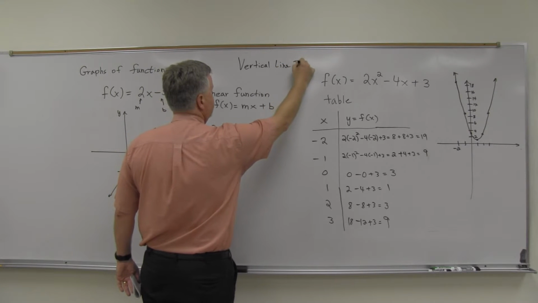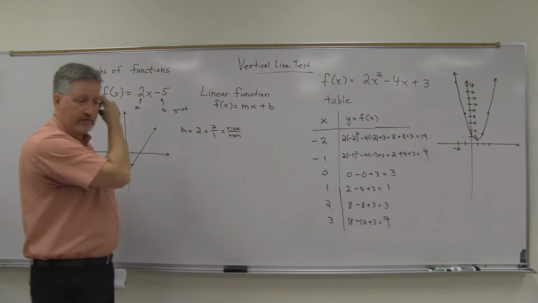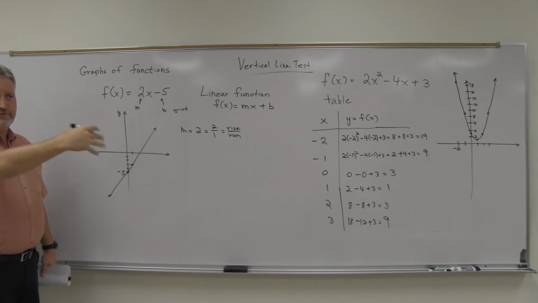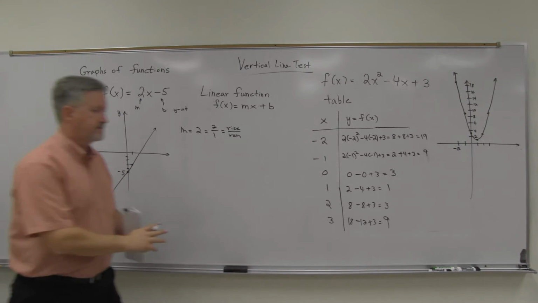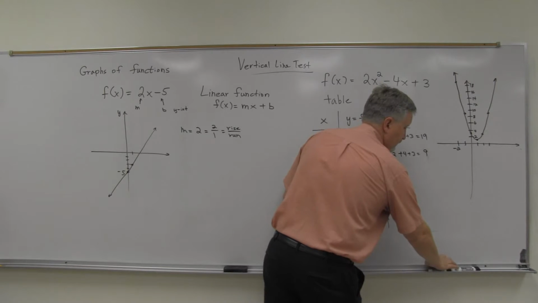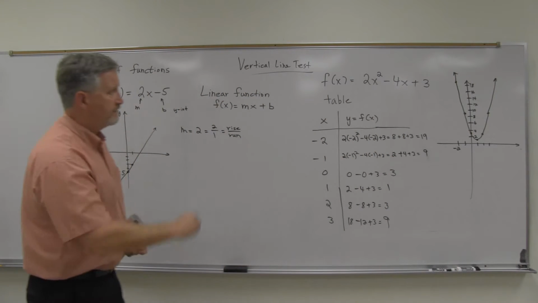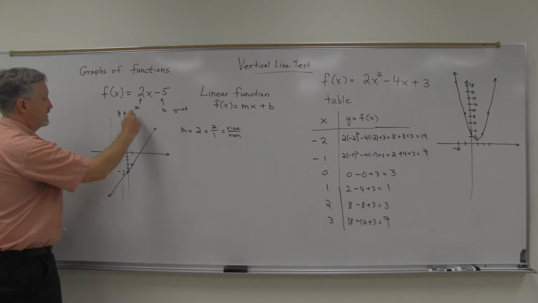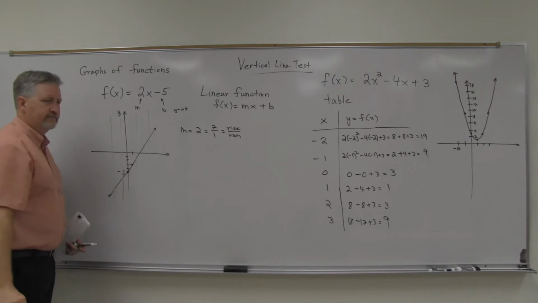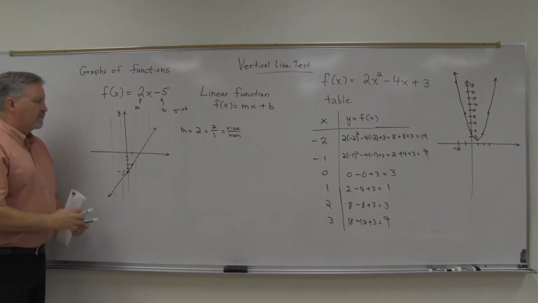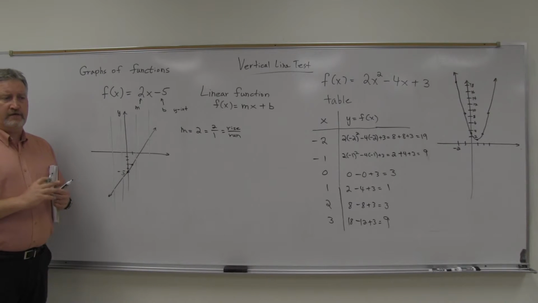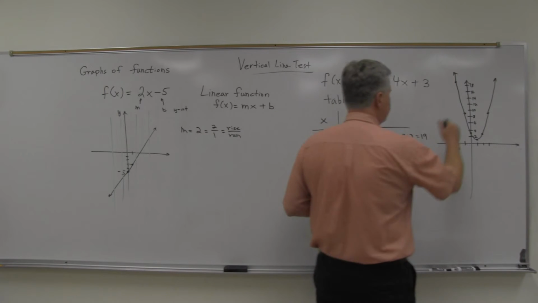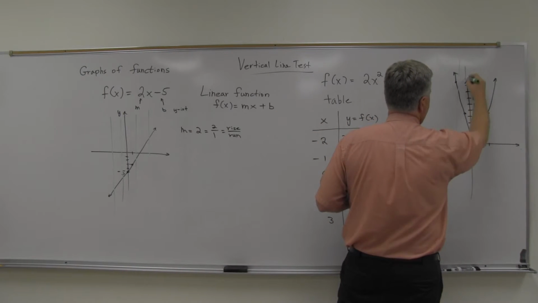I'll write more about it in just a second, but here's how it works, and I just wanted to show you on these that they do pass the so-called vertical line test. If you draw vertical lines through your graph, you don't have to draw very many, but we're thinking about vertical lines that go through these graphs.